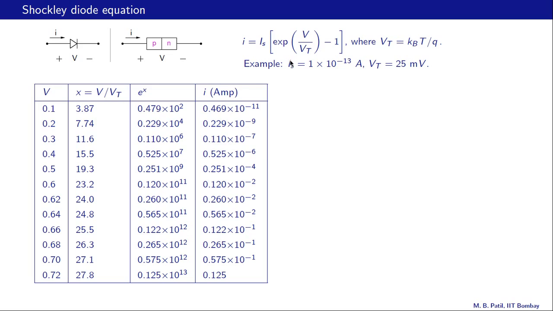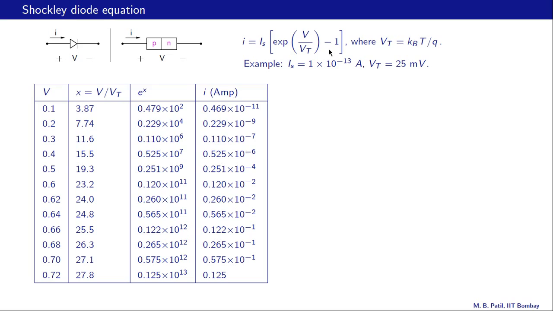So that is the argument for this exponential function. e^3.87 is 0.479 × 10^2, and we note that this number, which is about 48, is already much larger than this 1 over here, and as V increases, that means as the forward bias increases, this exponential function is going to get much larger, and therefore we very often ignore this 1 over here.